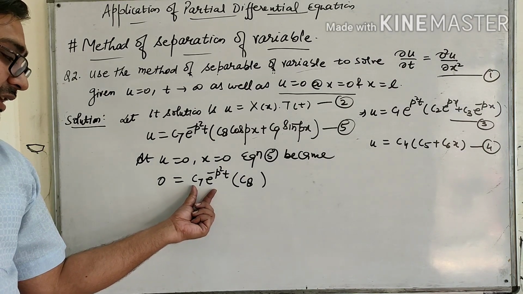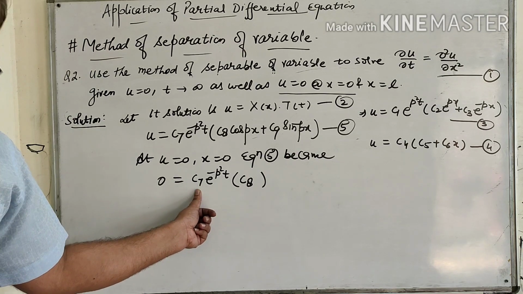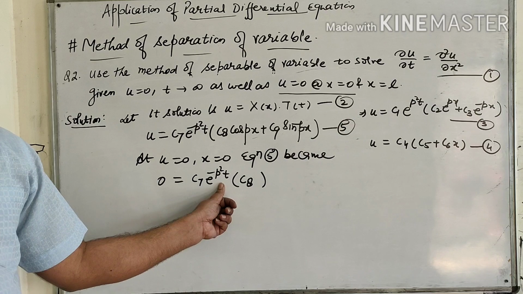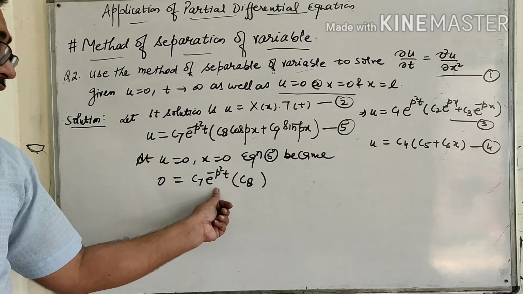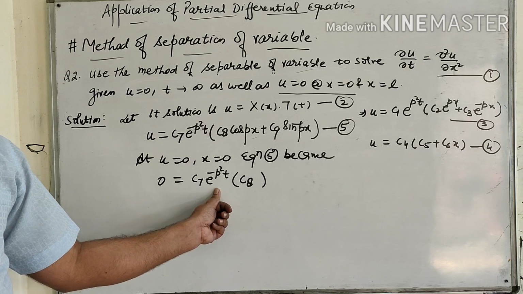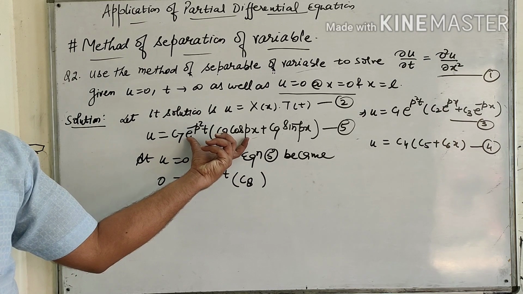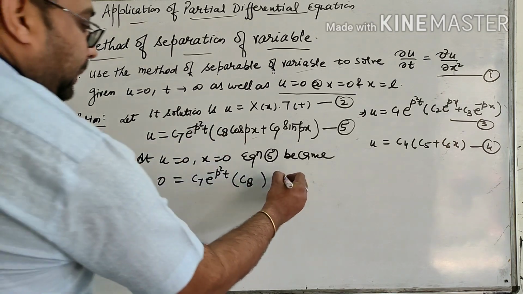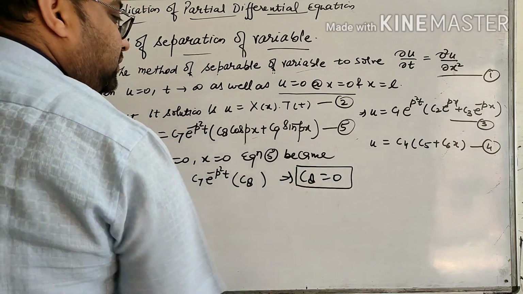Now there is a product of three functions which equals 0. So either C7 equals 0, or e raised to power minus p squared t equals 0, or C8 equals 0. But C7 e raised to power minus p squared t cannot be 0, because if we take this as 0 then the entire solution will become 0. So from this C8 equals 0, that is, we get the value of C8.